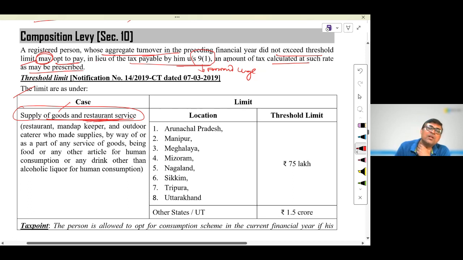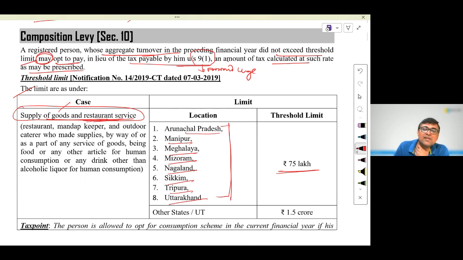In that situation, if you are located in these 8 states of India, Arunachal Pradesh, Manipur, Meghalaya, Mizoram, Nagaland, Sikkim, Tripura, Uttarakhand, then the limit is 75 lakh. If your aggregate turnover in the preceding financial year does not exceed 75 lakh, then you are eligible to opt for this scheme for this particular previous year.